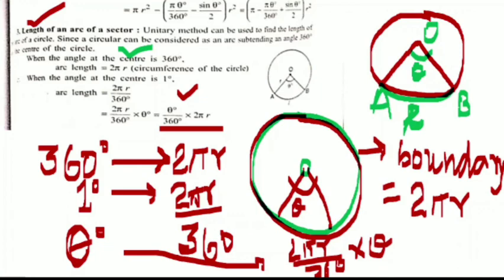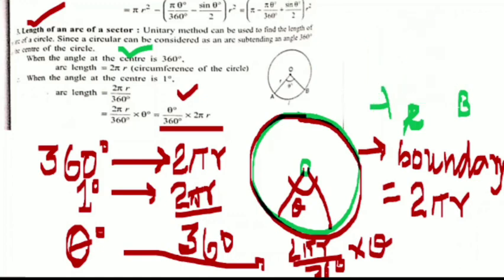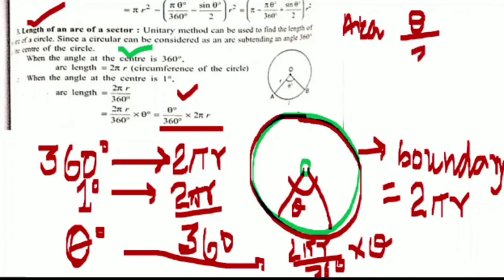I have told you the formulas; both are a little bit similar. The area of the sector is theta upon 360 degrees into pi r square.